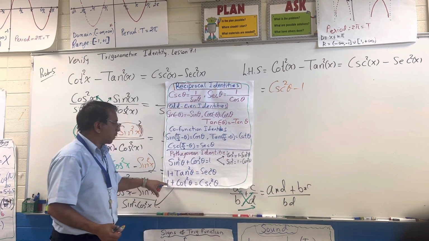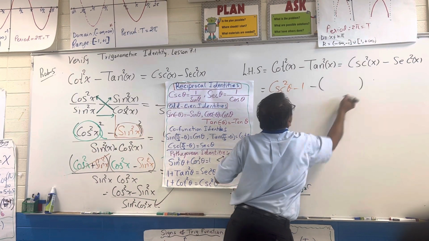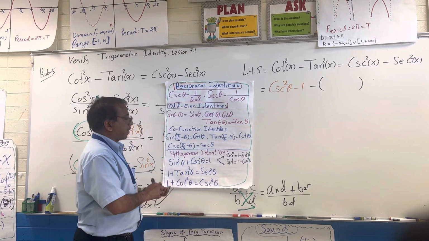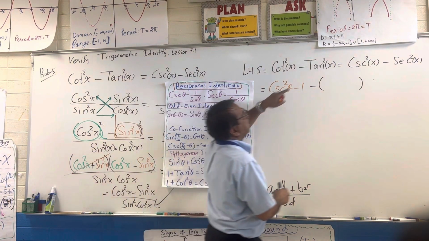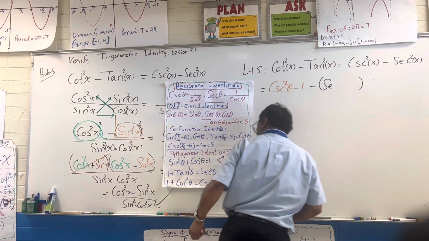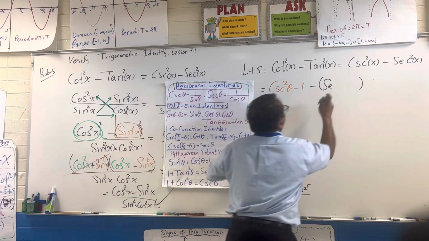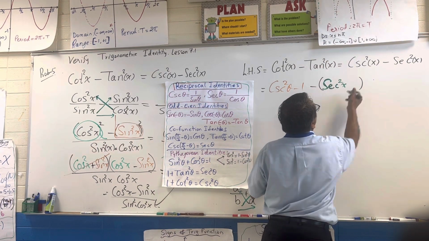So that's because you subtract 1. And the other one is, this is minus tangent, you will replace by tan square, secant square minus 1. So tangent square is secant square x minus 1.